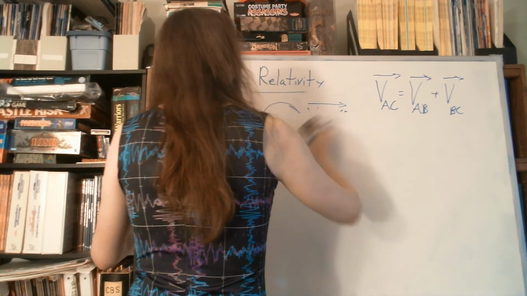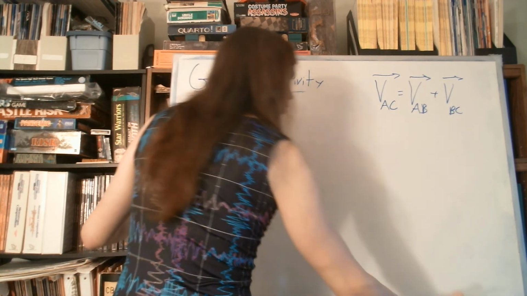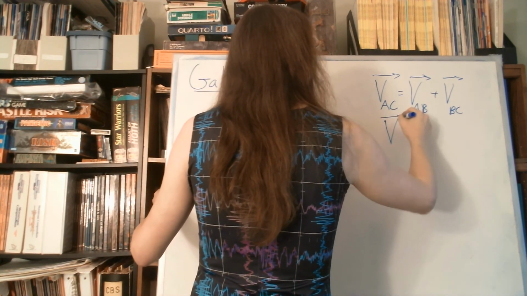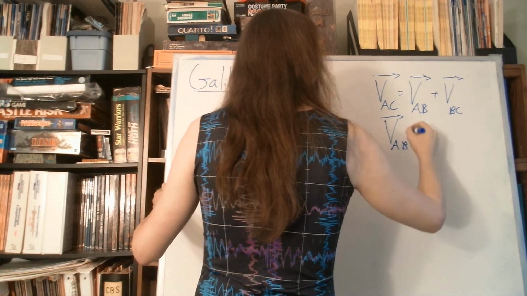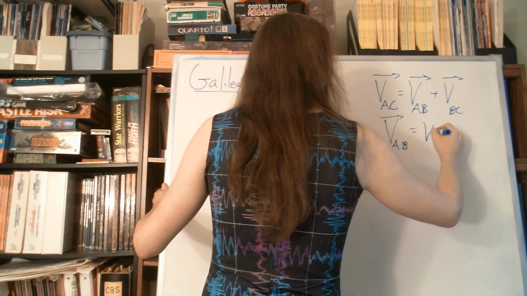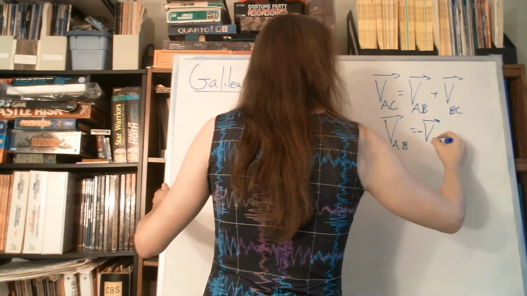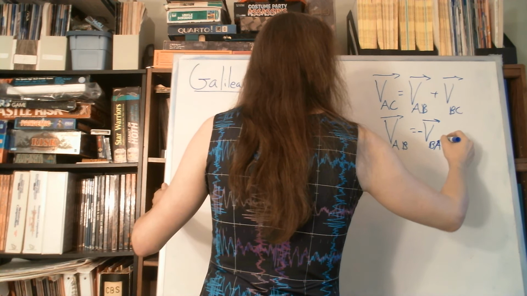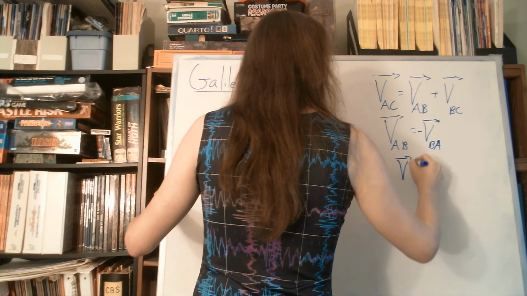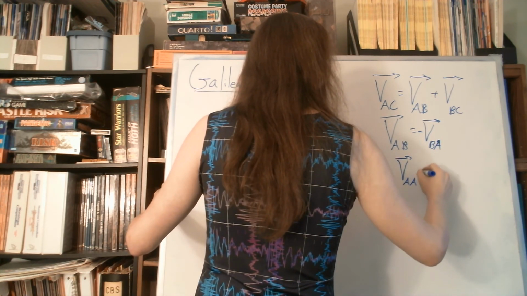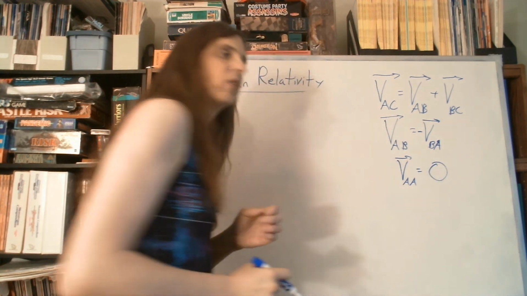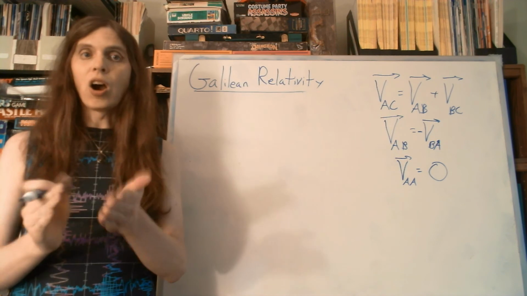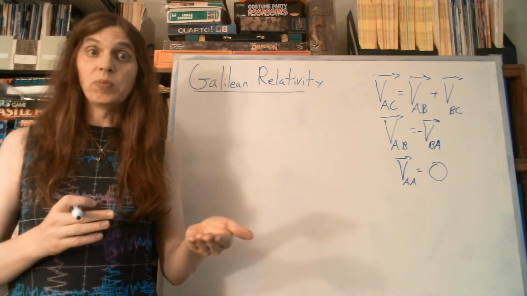So let's express those ideas in a couple more equations. We can say that the velocity of A relative to B is equal to negative the velocity of B relative to A. And the velocity of A relative to itself is 0. You don't move compared to yourself. Cars don't move with respect to themselves.